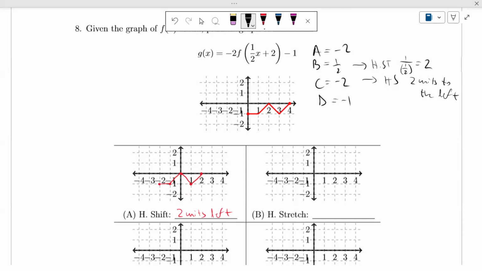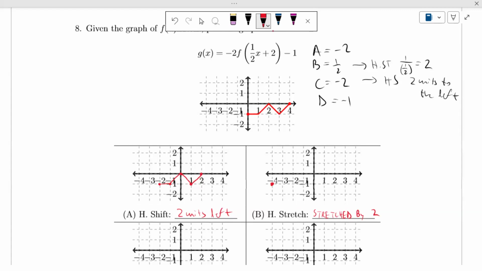So I'll write down here horizontal stretch, and it's going to be stretched by a factor of 2. Over here we had an x value of negative 2. Now it's going to be at x equals negative 4, because it's getting multiplied by 2. Over here we had an x value of negative 1.